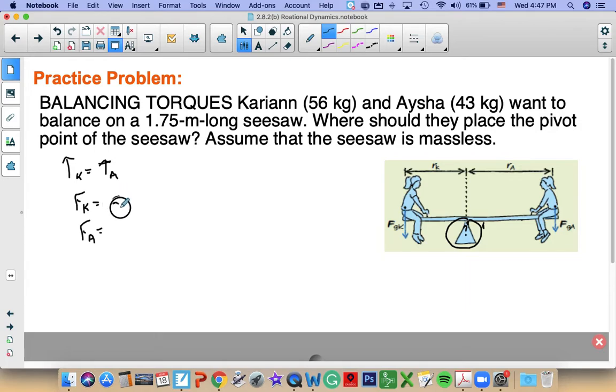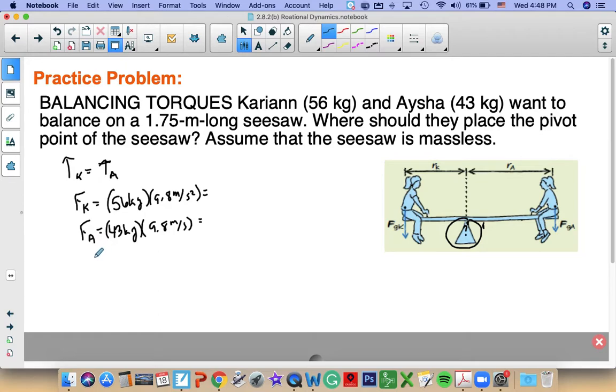Carrie Ann is 56 kilograms, and we're going to take that times 9.8, because that will give us our force due to gravity. And then Aisha is 43 kilograms. Take that times 9.8.